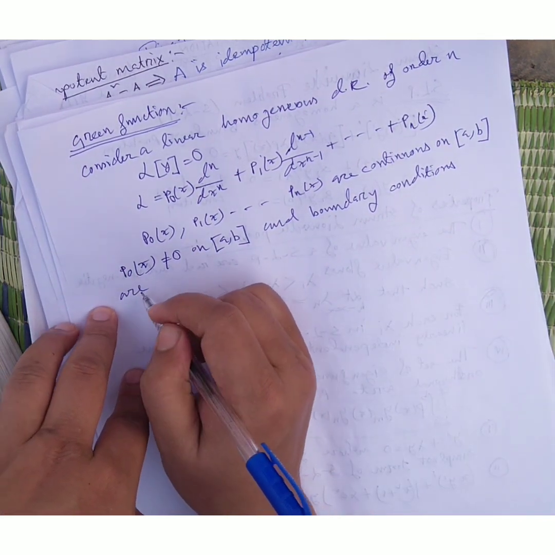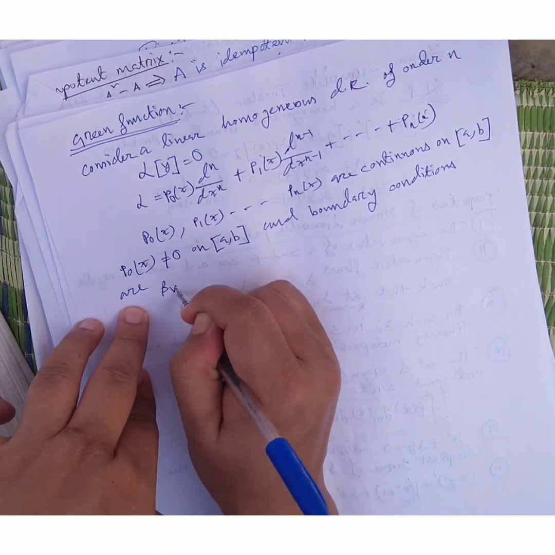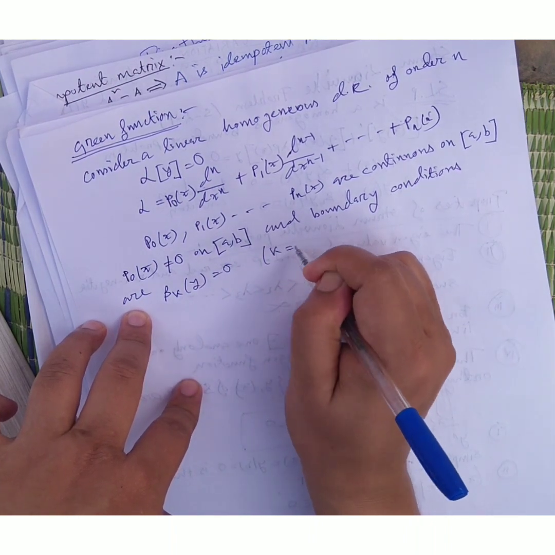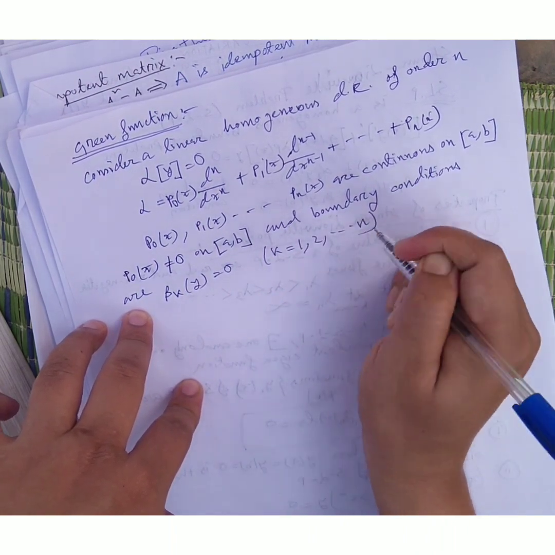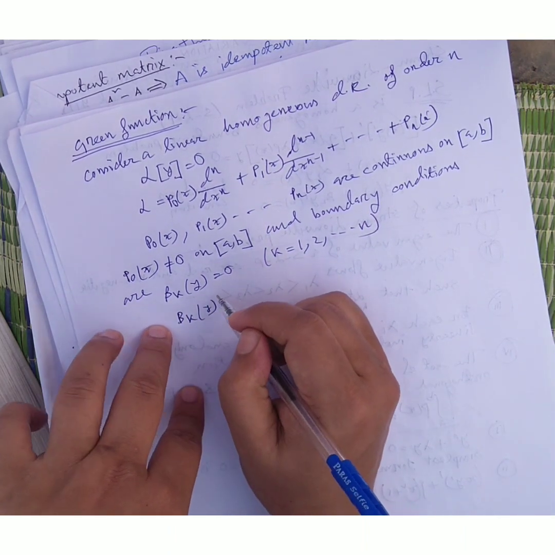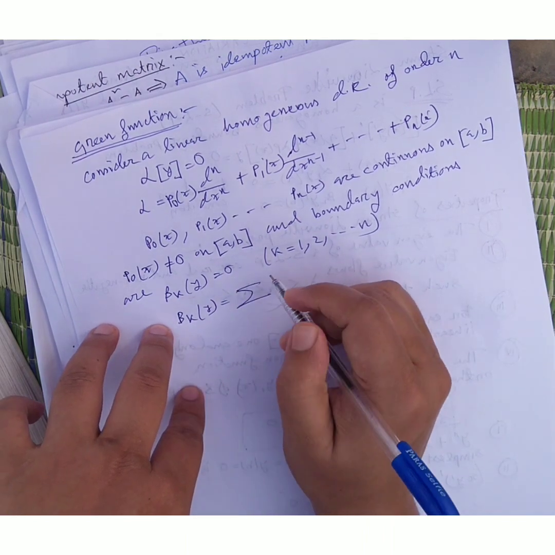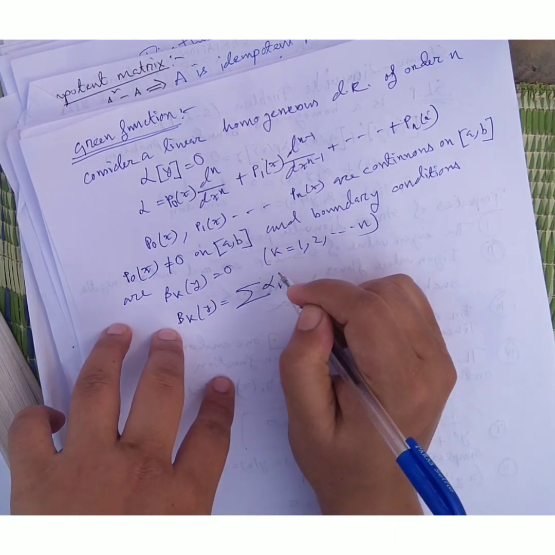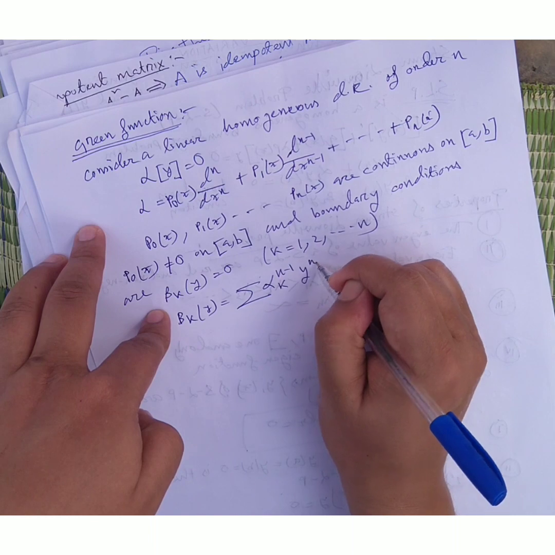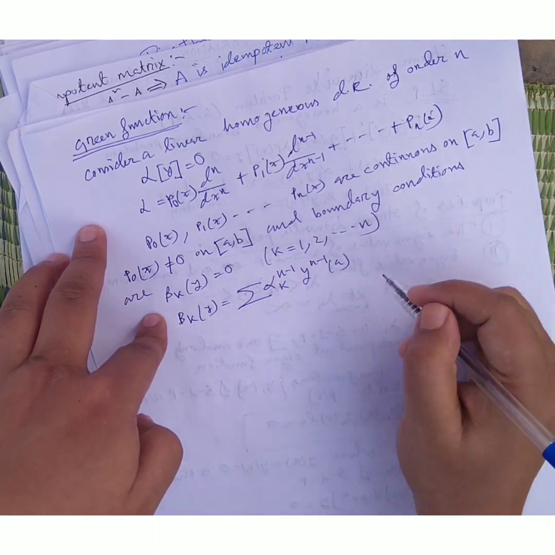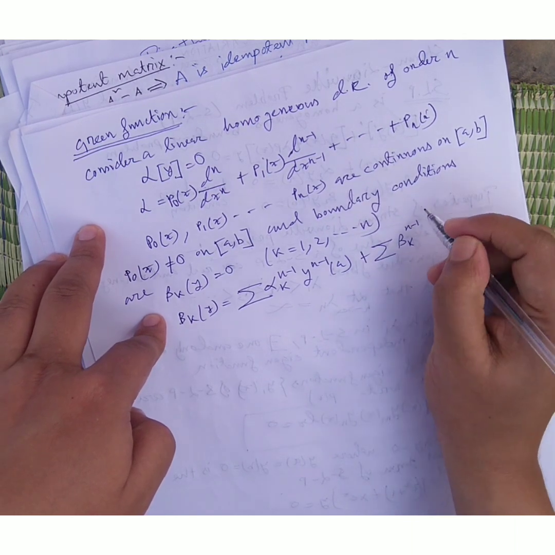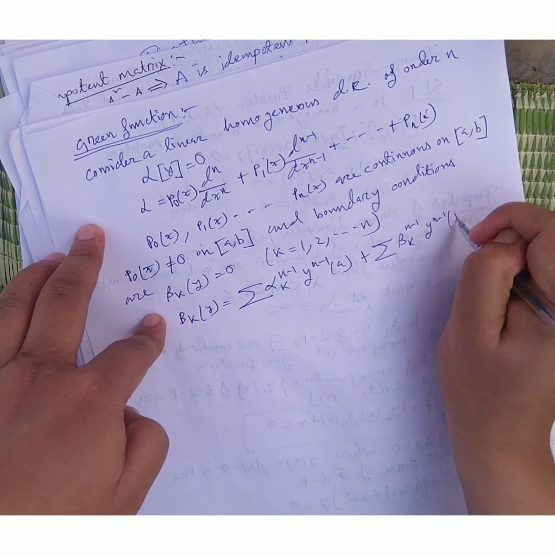are beta_k(y) equal to 0, where k equals 1, 2, up to n, and beta_k(y) is equal to the summation of alpha_k y^(n-1)(a) plus the summation of beta_k y^(n-1)(b).